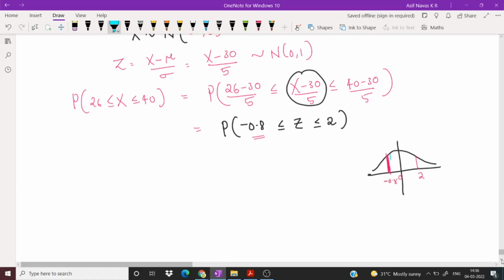I want the probability of this area. So this is equal to P of z less than or equal to 2, that is all this area, minus P of z less than or equal to minus 0.8. Then I will subtract that area, and I will get this area.